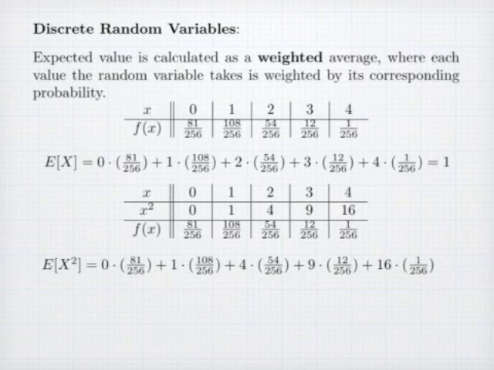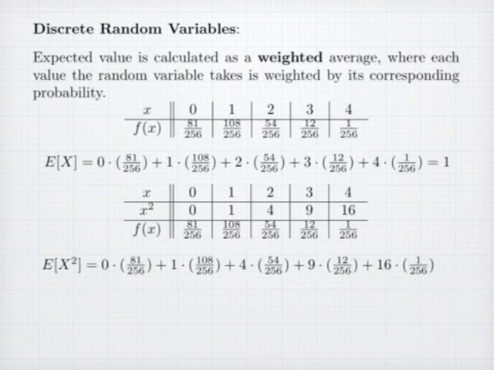And so the expected value of x squared is the sum of 0 times the probability of 0 plus 1 times the probability of 1 plus 4 times the probability I see that plus 9 times the probability I see that plus 16 times the probability I see that. But the probability is coming from the original random variable.